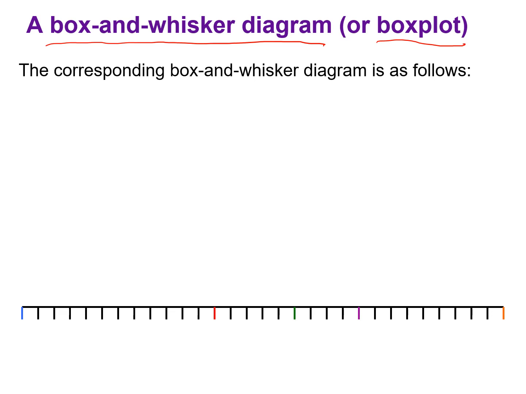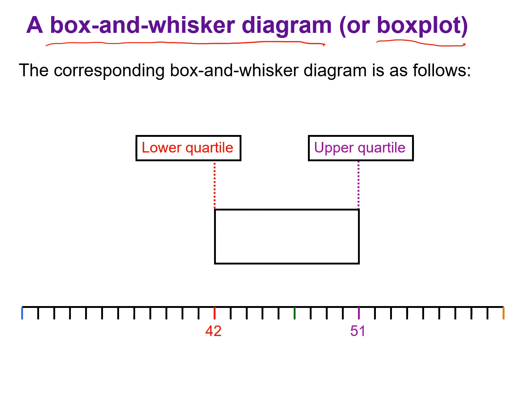So let's have a look what a box and whisker diagram looks like. Remember, it's going to have on it those 5 key statistics. The box is drawn to go from the lower quartile to the upper quartile. So in our question, the lower quartile was 42, upper quartile was 51.